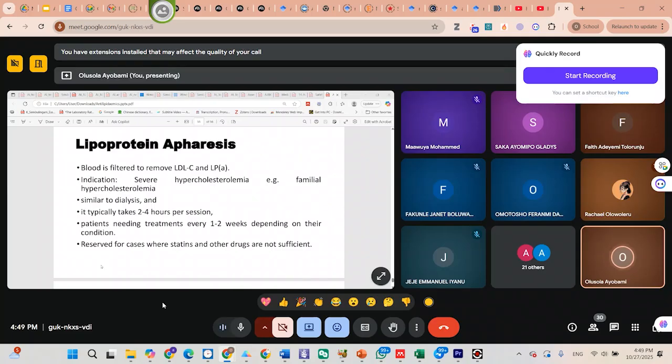So, usually these drugs that are small interfering RNA, they also have their own suffix. And once you see that, you should know that, okay, this is a small interfering RNA. Then for monoclonal antibodies, what they do is just to mop up the proteins. They attack the proteins and neutralize the protein. So when a drug ends in MAB, it neutralizes protein. So at least this should be in your memory, and you should be able to recall this when it's needed.